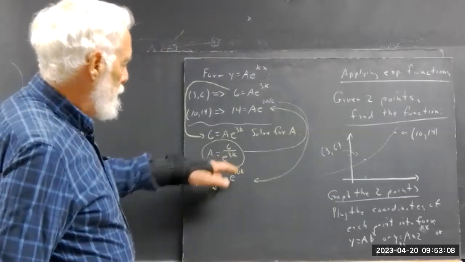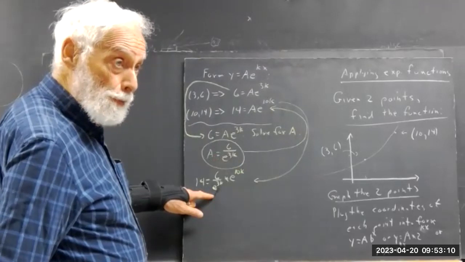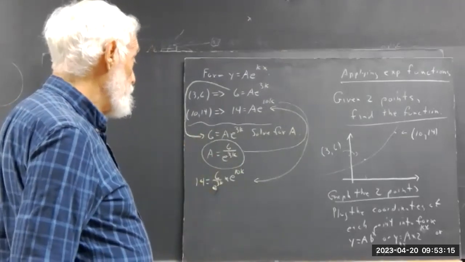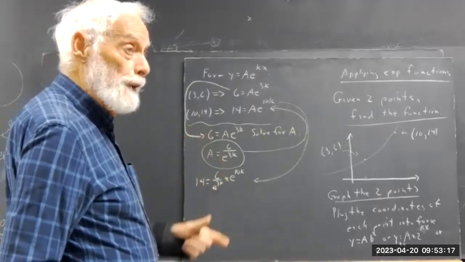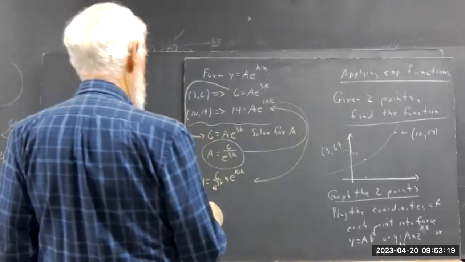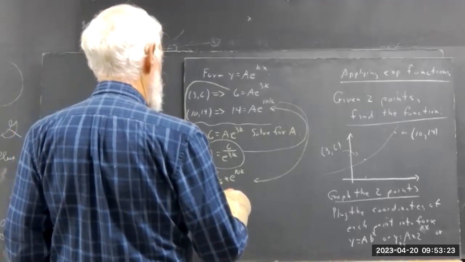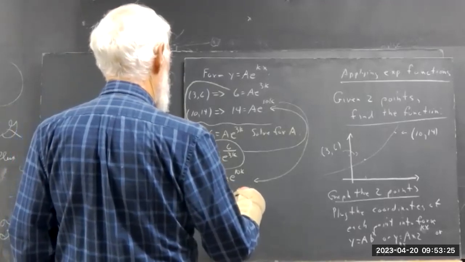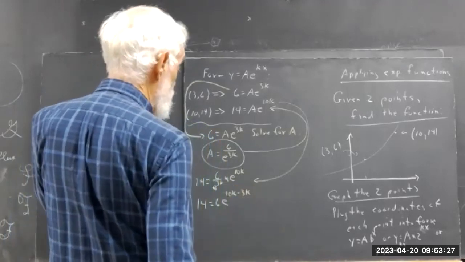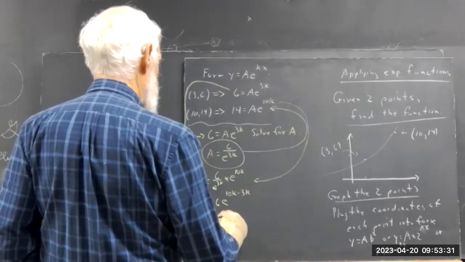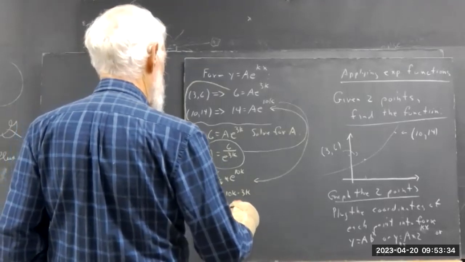Now we've got an e to the 10k divided by an e to the 3k. By the rules for exponents, you're going to subtract the exponents. So this gives you 14 equals 6 e to the 10k minus 3k, or 14 equals 6 e to the 7k.